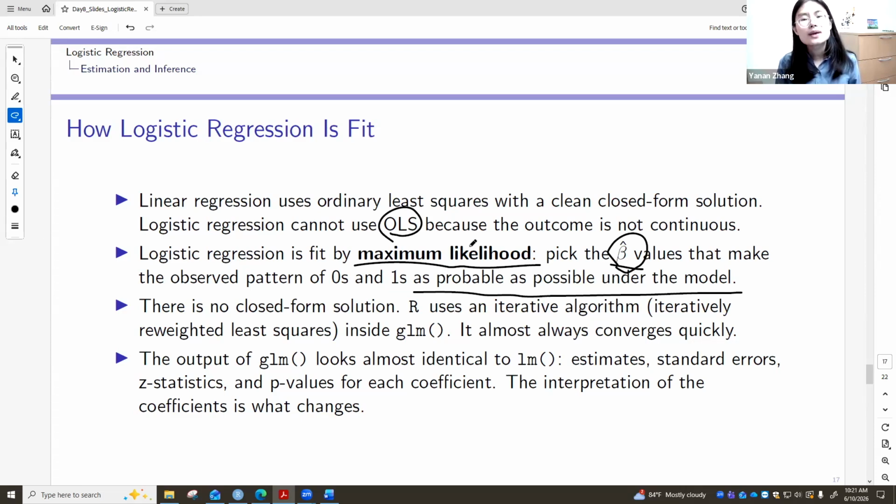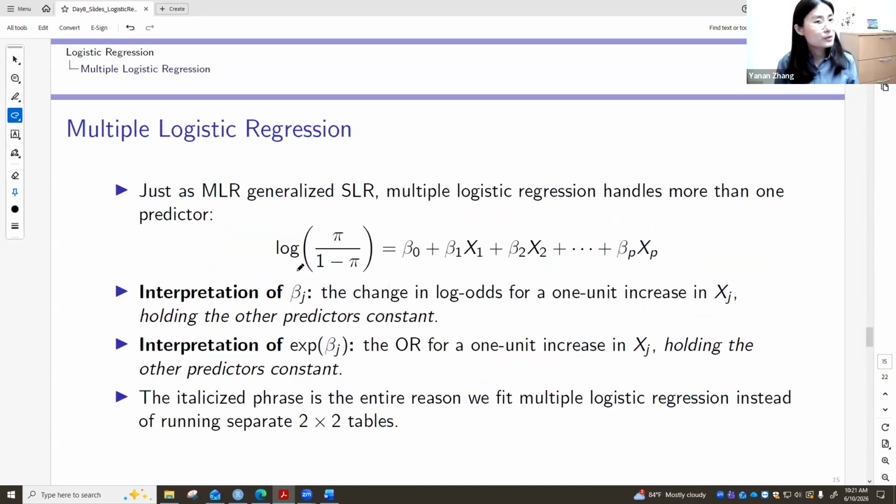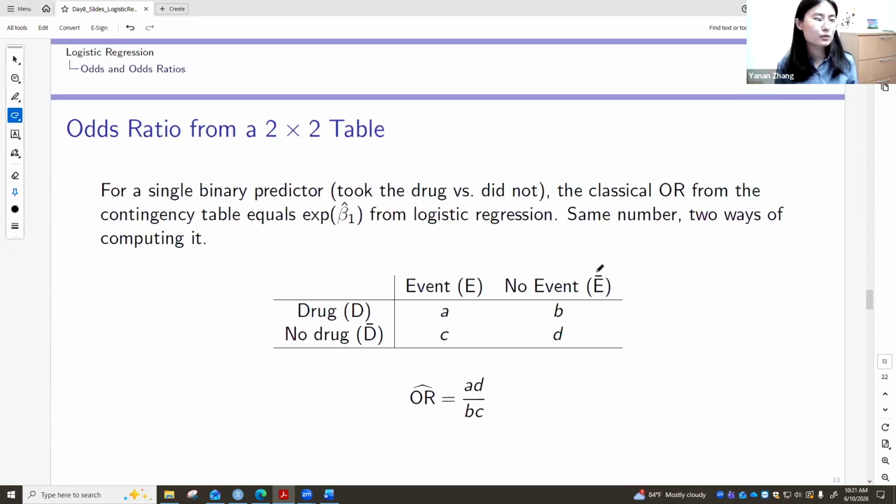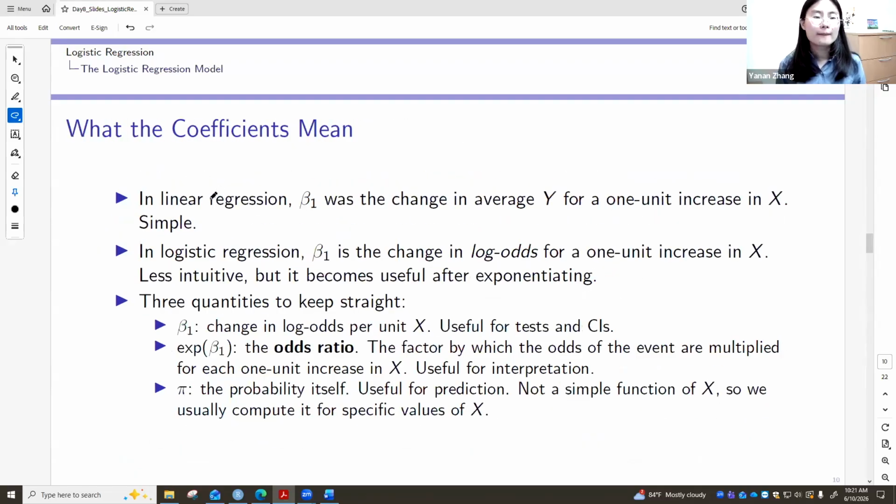All right. Once we know how we got this beta hat, the next question is how we interpret beta hat. What does the beta hat represent? Or what does the beta hat tell us? So let's again start from linear regression. Think about linear regression, the beta 1, the slope of the predictor. That can be interpreted as: if we increase the predictor by 1 unit, how much does the average of y increase, right?